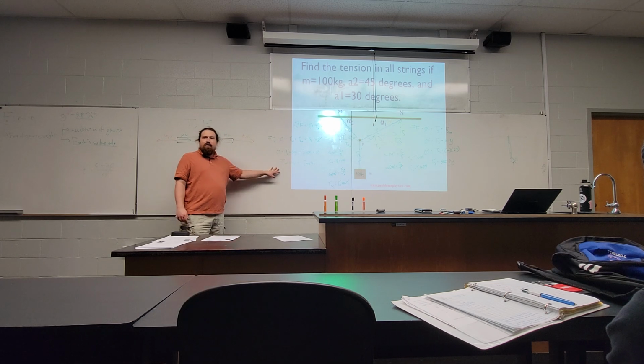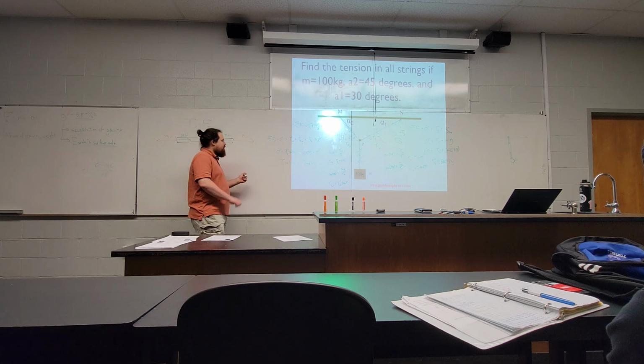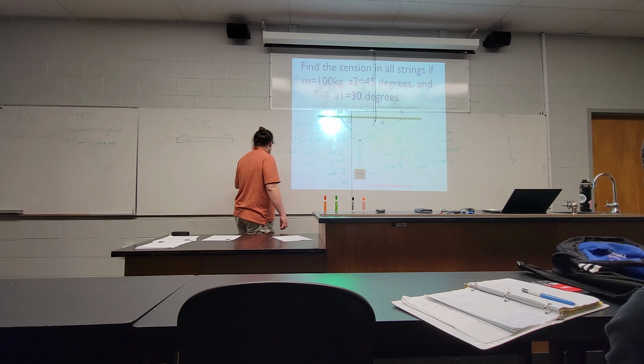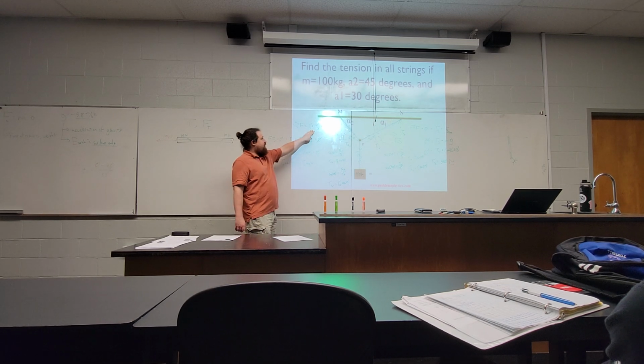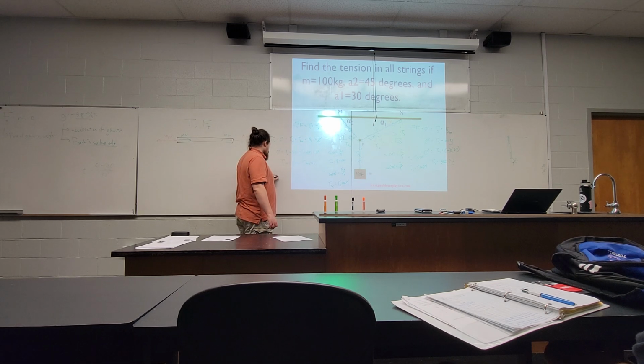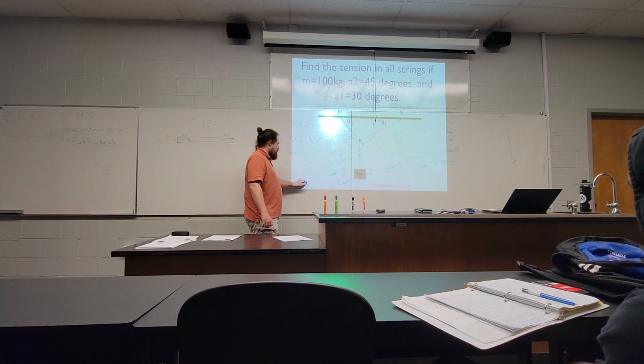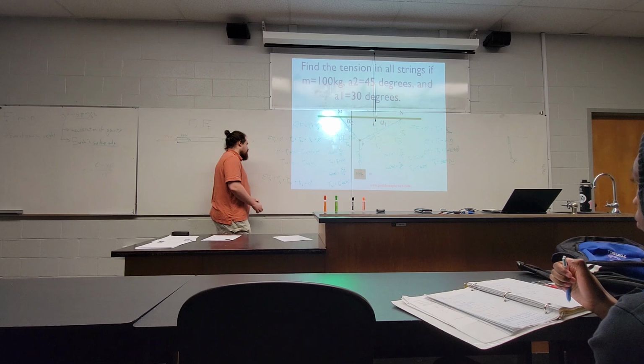So now we're also going to look at the y-axis, in addition, rather. So instead of the lump sums or the x legs, we'll now look at the y legs. So T1y plus T2y plus T3y equals 0.